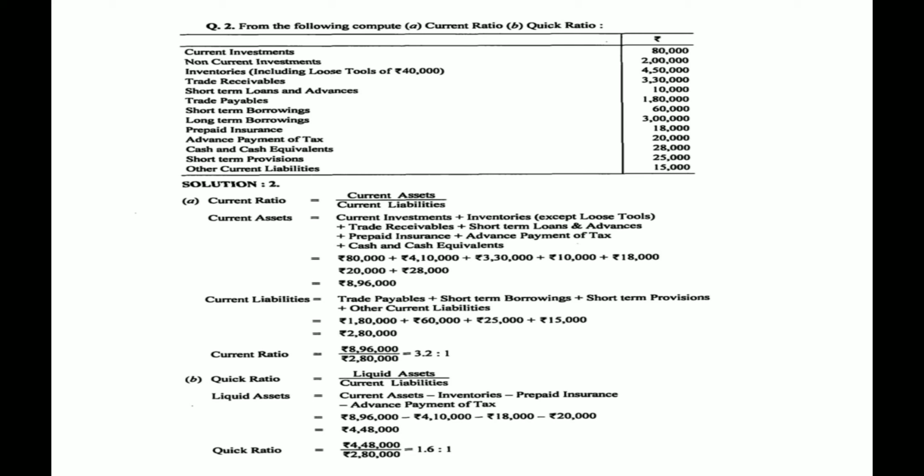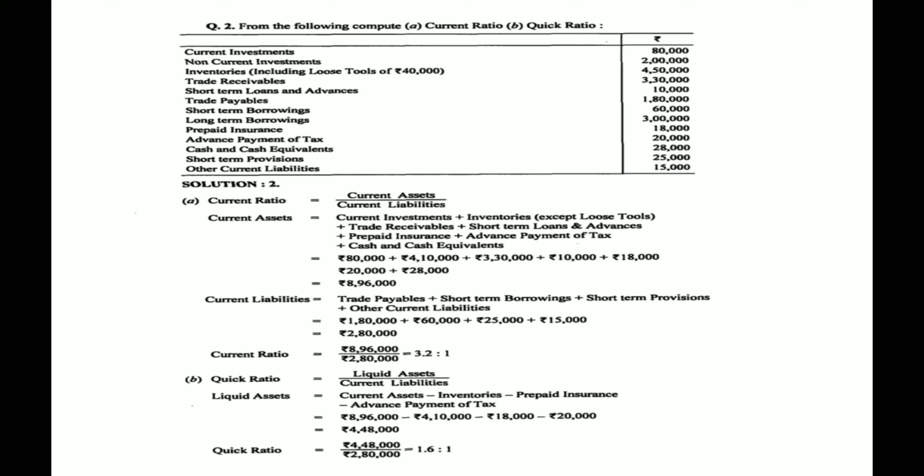Inventories including loose tools. So you have to deduct loose tools, as I told you loose tools are not included in current assets. Okay. Trade receivables, quite easy. Short term loans and advances you provided, prepaid insurance, advance payment of tax and cash equivalents.